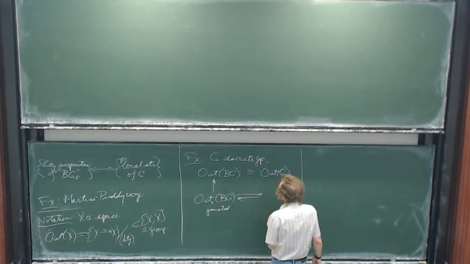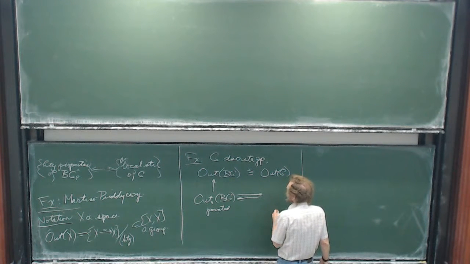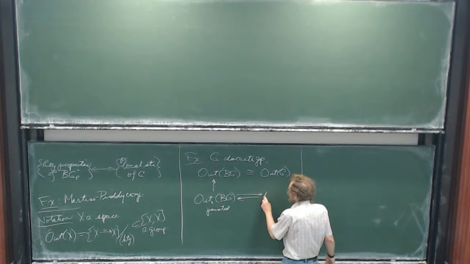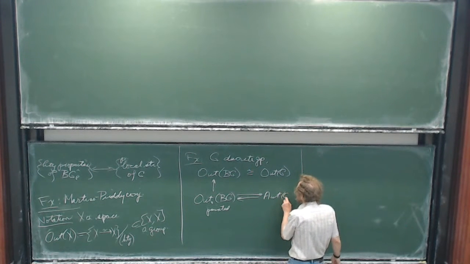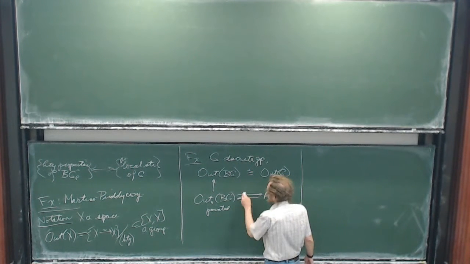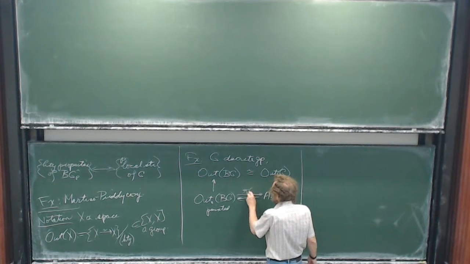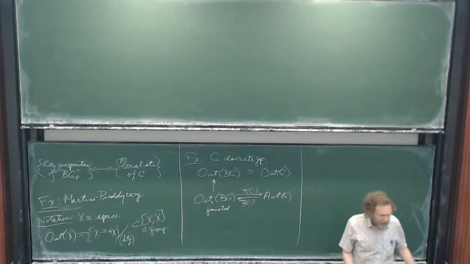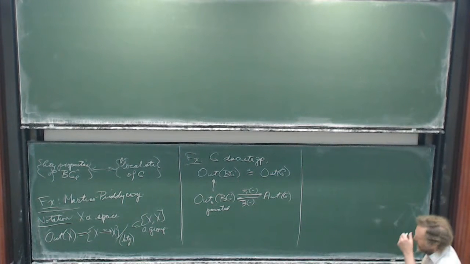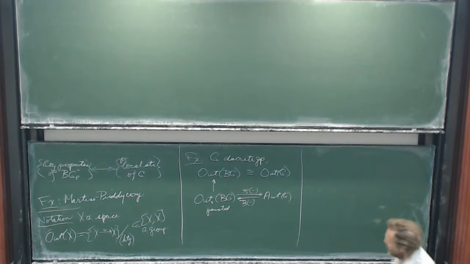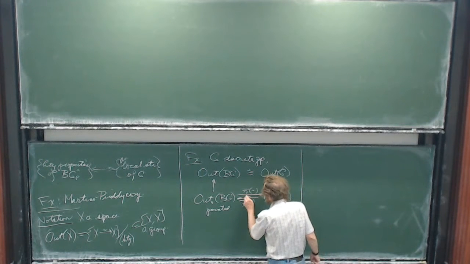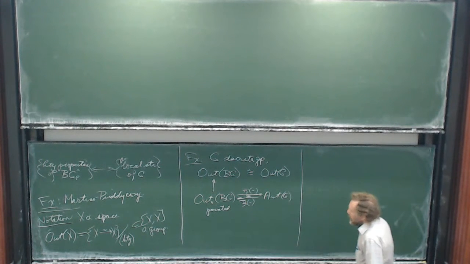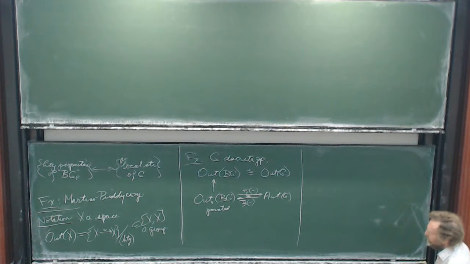And you've got obvious maps back and forth with Aut of G. In one direction, you take pi 1. The other direction, you take the classifying space as a functor, and it's well known that this is an isomorphism.